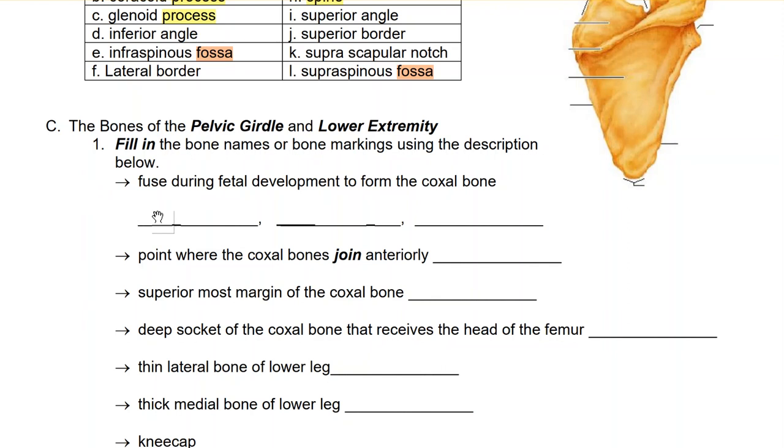This first question has 3 blanks in it. You're trying to get the 3 things that come together to form your coxal bone. Your coxal bone, or hip bone, is actually 3 bones in utero, and they fuse together to form 1 bone.